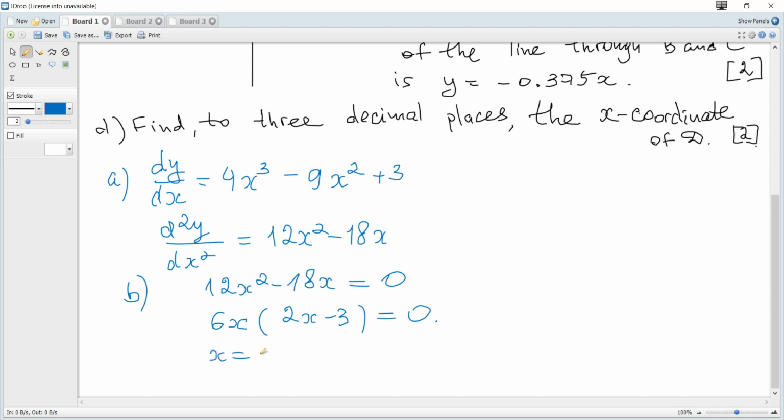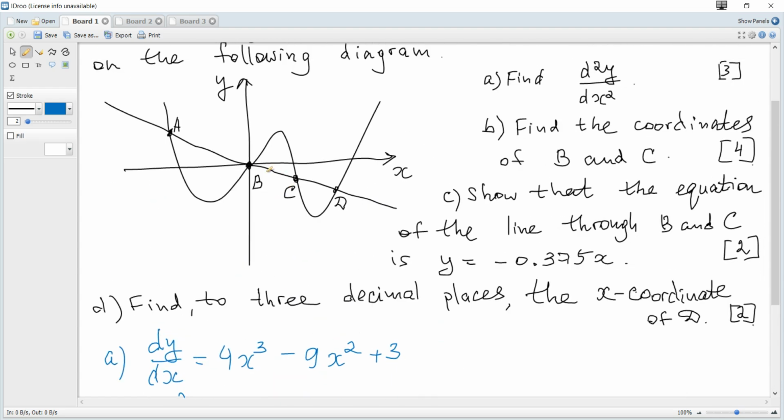So x is 0 or x is 1.5, and it's clear from the diagram that x is 0 for B, and 1.5 is the x coordinate of C.